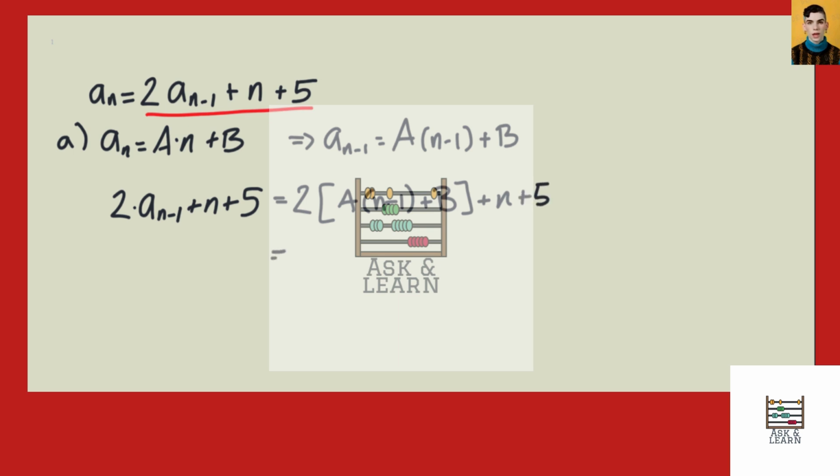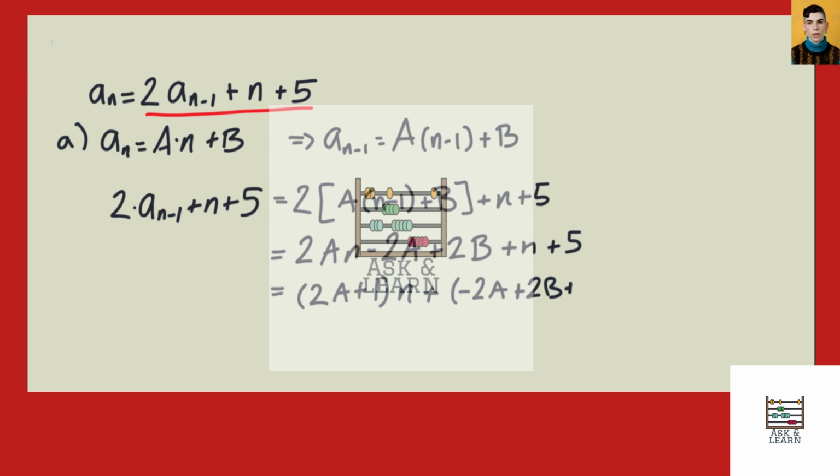Well, this is equal to 2 times A times n minus 2 times A plus 2 times b plus n plus 5, which can be rewritten as (2A plus 1) times n plus (negative 2A plus 2b plus 5).